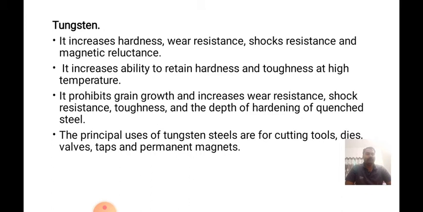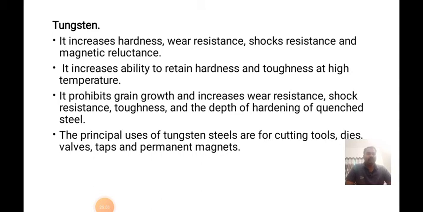Because it has greater hardness, it has cutting ability, hence it is used for manufacturing cutting tools, dies of different casting or metal working instruments, then walls, taps, and permanent magnets. Okay, so this is the use of tungsten.